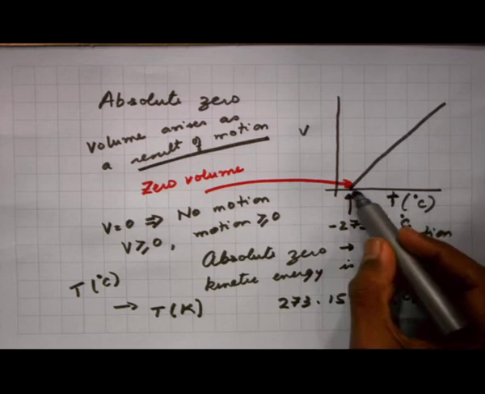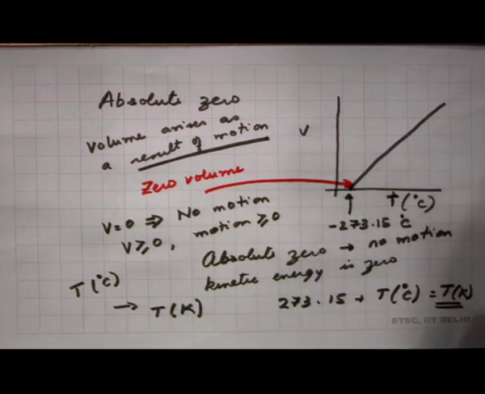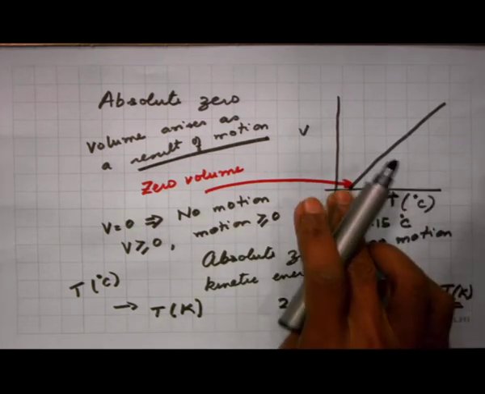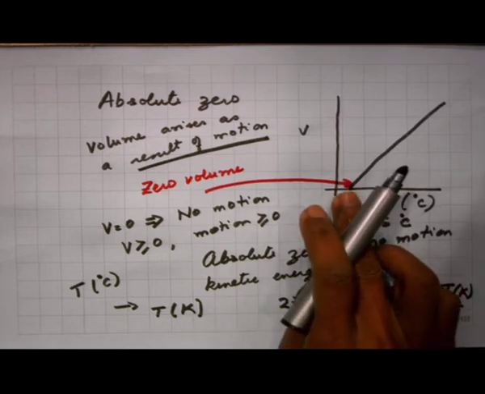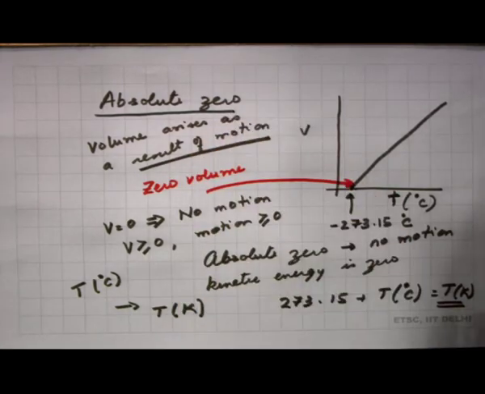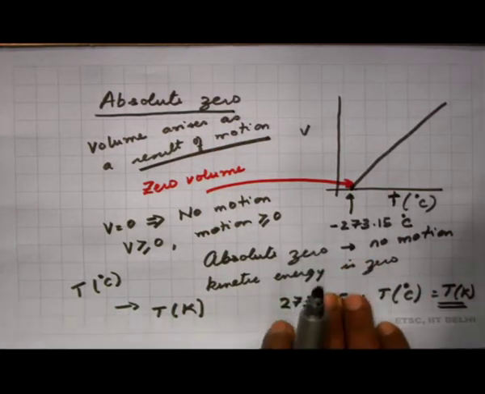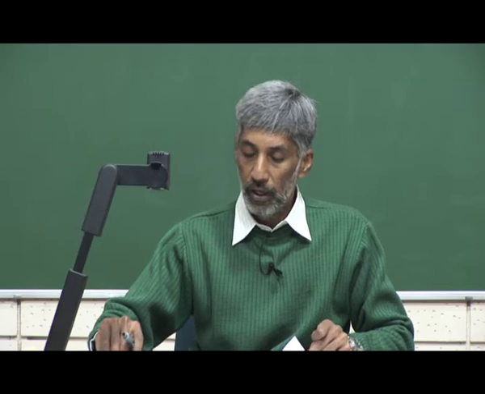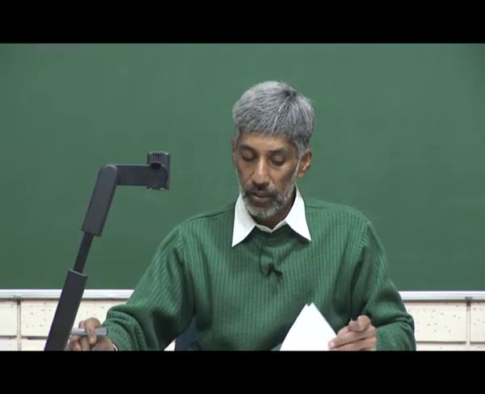So, at this temperature, all motion ceases, and you cannot go to any temperature below absolute zero. That is why it is called the absolute zero. Okay, so that is one prediction that we have from kinetic theory.